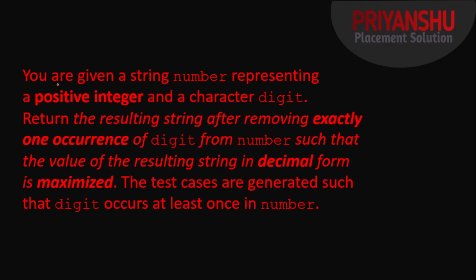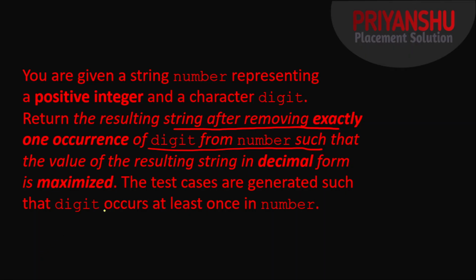You are given a string number representing a positive integer and a character digit. Return the resulting string after removing exactly one occurrence of digit from number such that the value of the resulting string in decimal form is maximized. Please keep in mind this point.